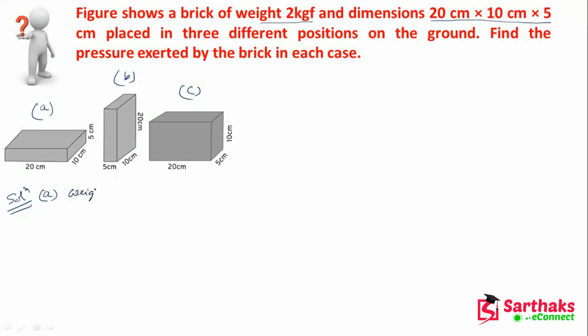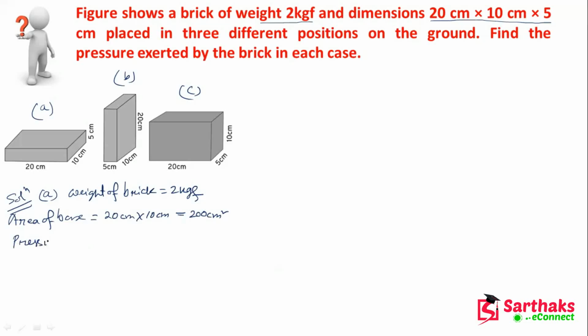Here it has been given weight of brick, that is 2 kgf. So now area of base is how much? That is 20 centimeter into 10 centimeter. That means 200 centimeter square.